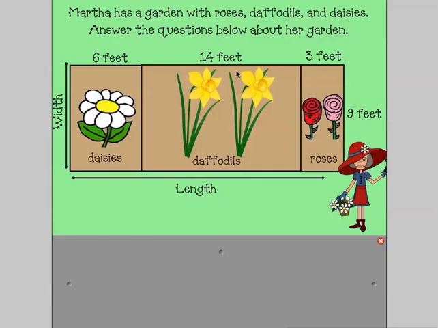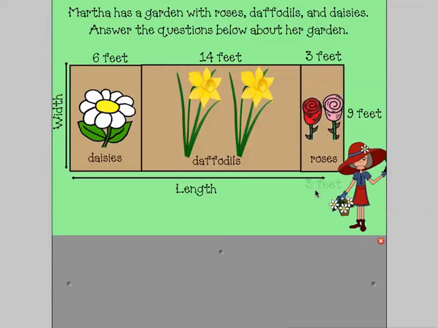So again, before we start answering questions, let's figure out a little bit more about what we know of the garden. So thinking back to characteristics of rectangles and squares, we know in a rectangle that opposite sides are the same length. So for example, if this side of Martha's garden, the roses section, is 3 feet, I know that this side of her garden is 3 feet.